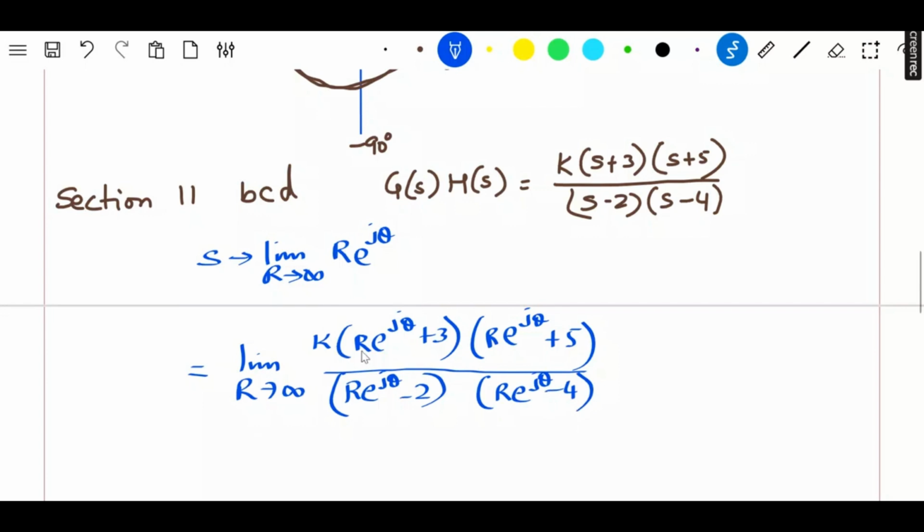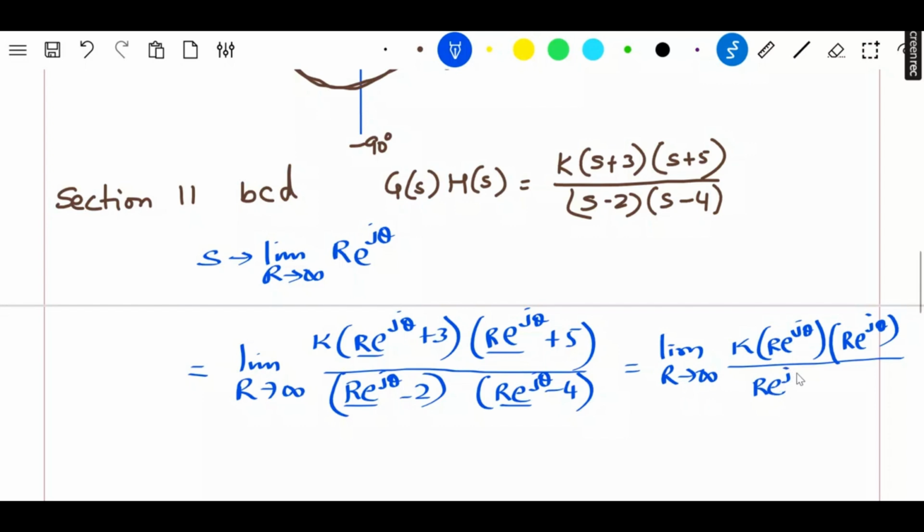As r tends to infinity, this r e power j theta remains, so it is limit r tends to infinity, k into r e power j theta divided by r e power j theta.